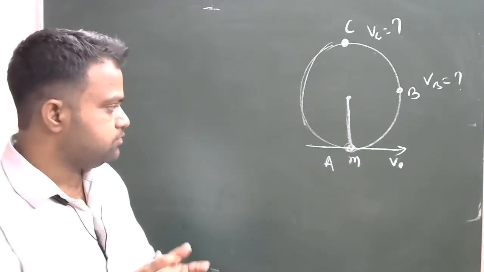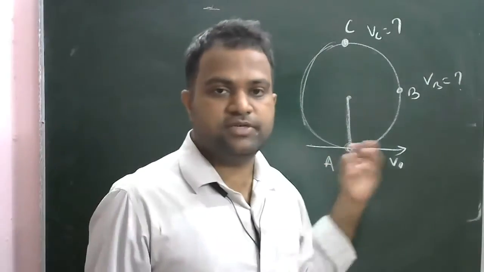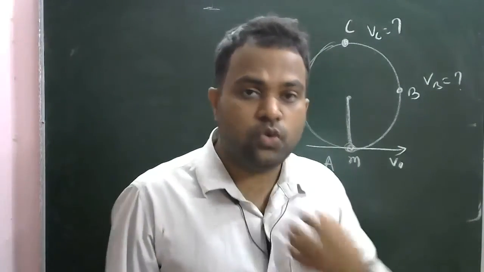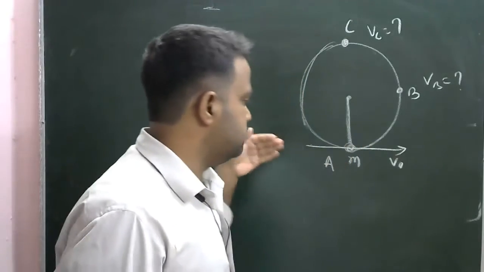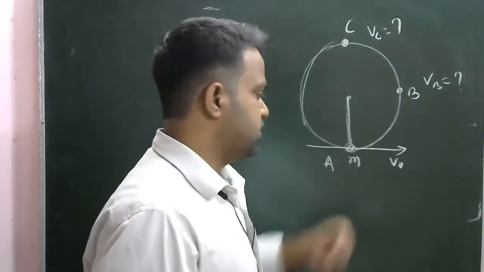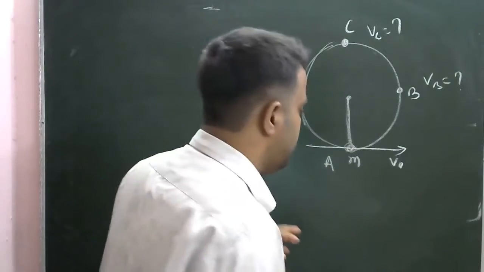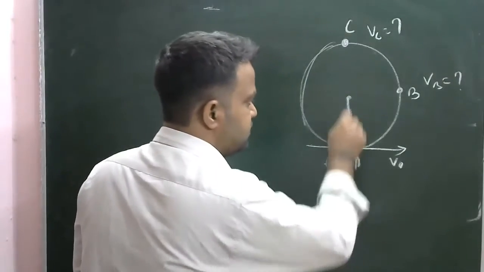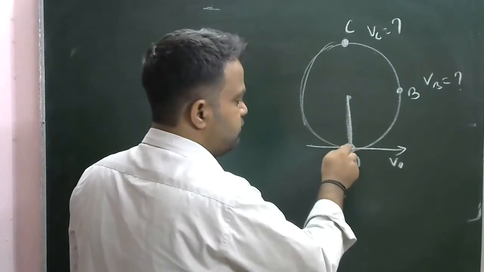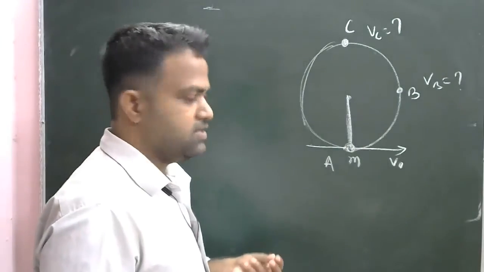Initial velocity is given to you. You know the initial velocity when the object is projected, so V0 is known to us. So if a mass is hanging here, what will be the force on this mass?